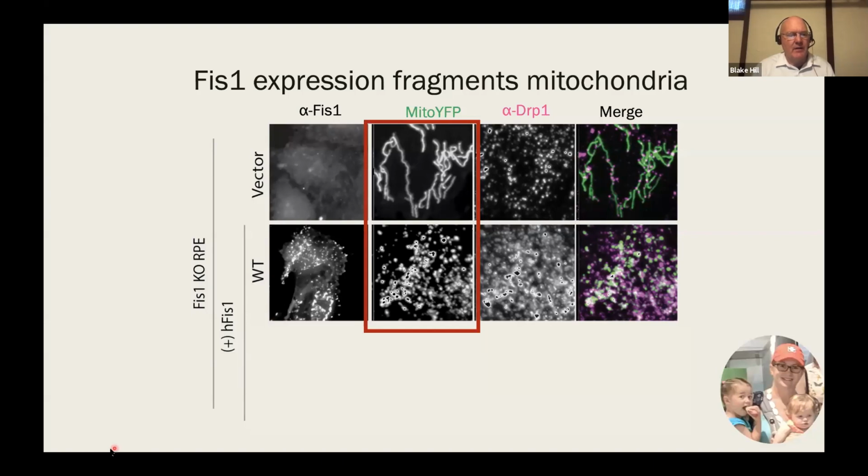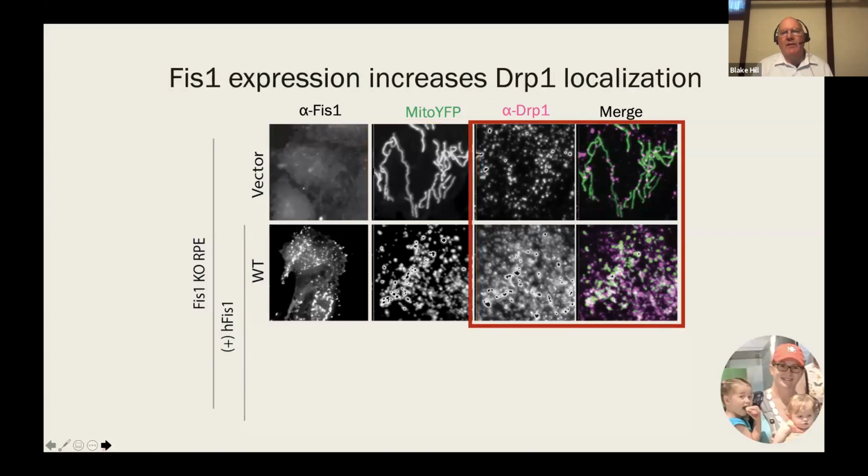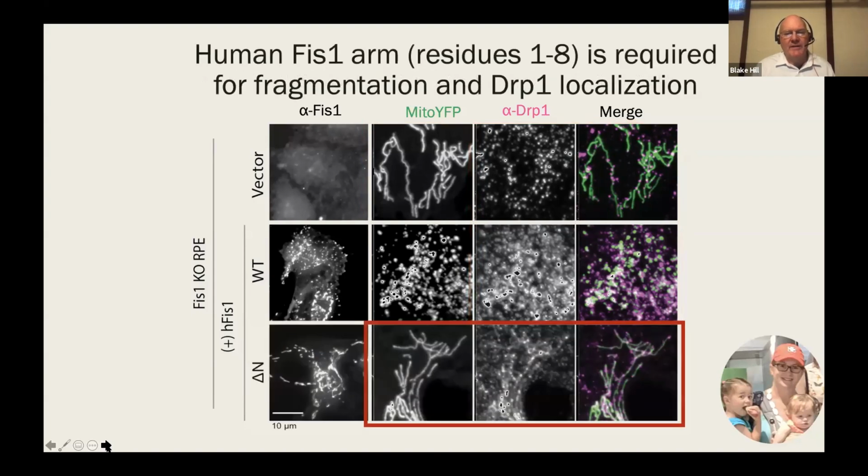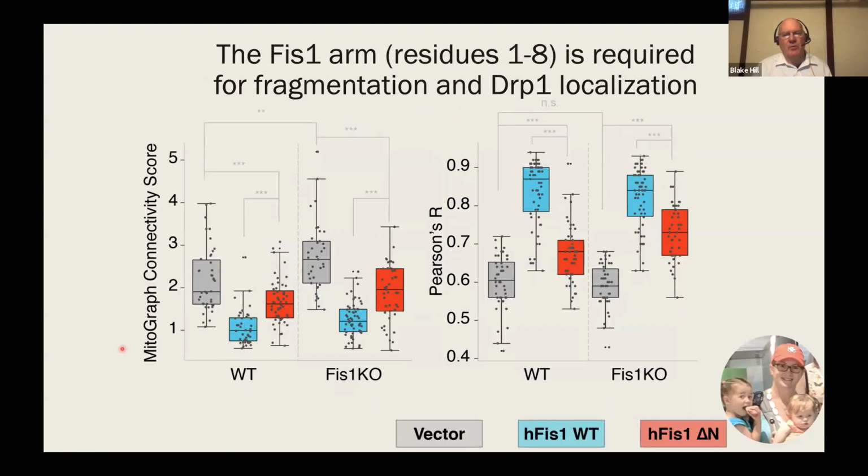And then if you now look at where DRP1 is, you see that you increase the recruitment of DRP1 in a FIS1 dependent manner in these cells. Upon delta N, what you see is you lose your mitochondrial fragmentation and you lose DRP1 recruitment. So the arm is important for fission and for DRP1 localization upon overexpression.